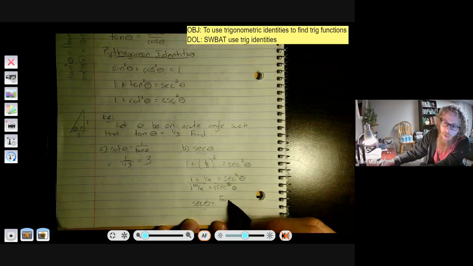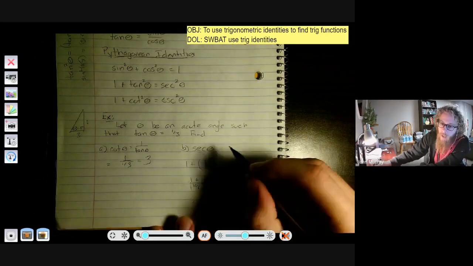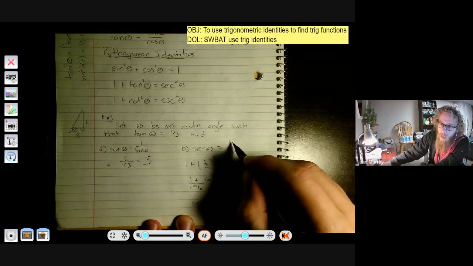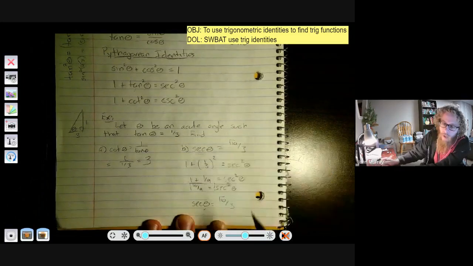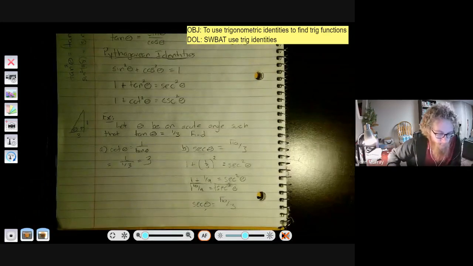Over the square root of 9, well, the square root of 9 is 3. So we have that the secant of our angle is the square root of 10 over 3. And that would be our final answer. Any questions there?